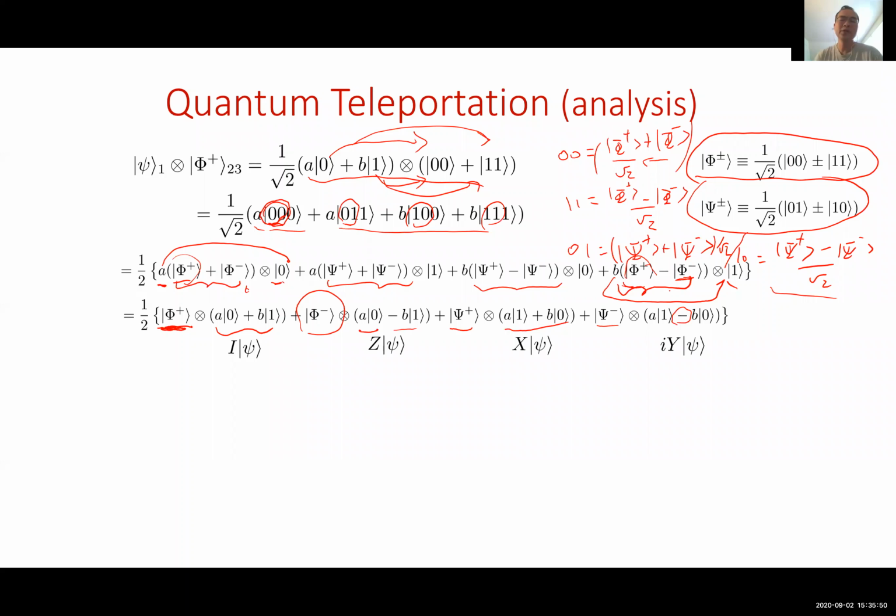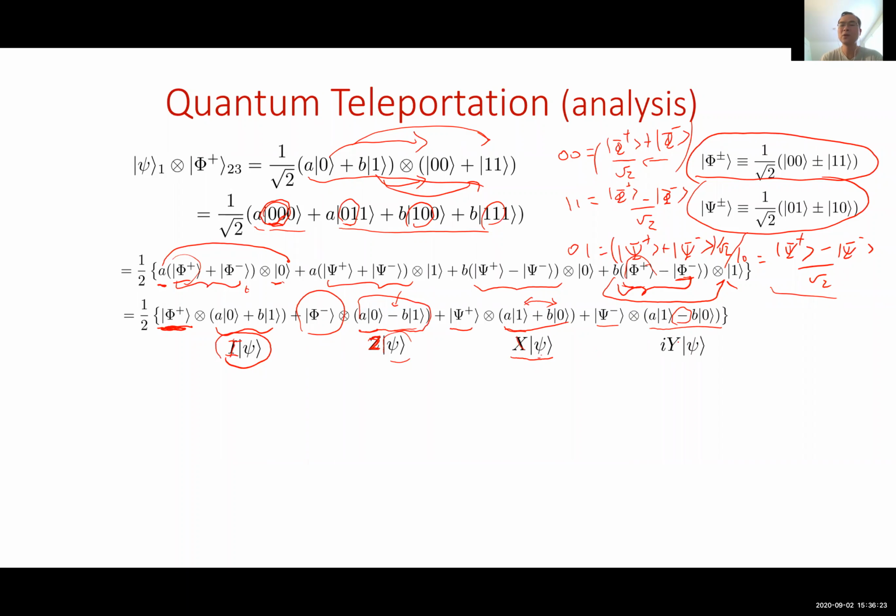So you can relate this to the unknown state. The first is identical to the unknown state, I just write it as identity times the state. The second part differs by a minus sign, so it can be corrected; this is the original state multiplied by Z. This one just flips 0 to 1, so it's really just X acting on the original state.